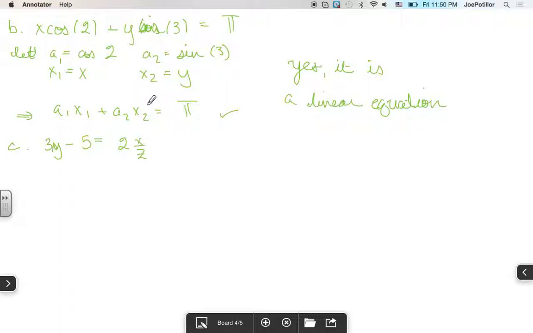Of course, we have to manipulate this equation. So we let x equal x1, y equal x2, z is equal to x sub 3, and then we're going to multiply both sides by x3.